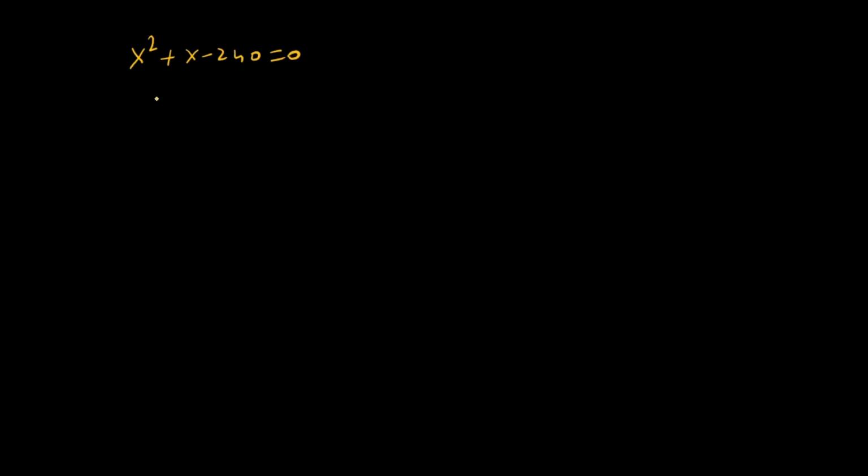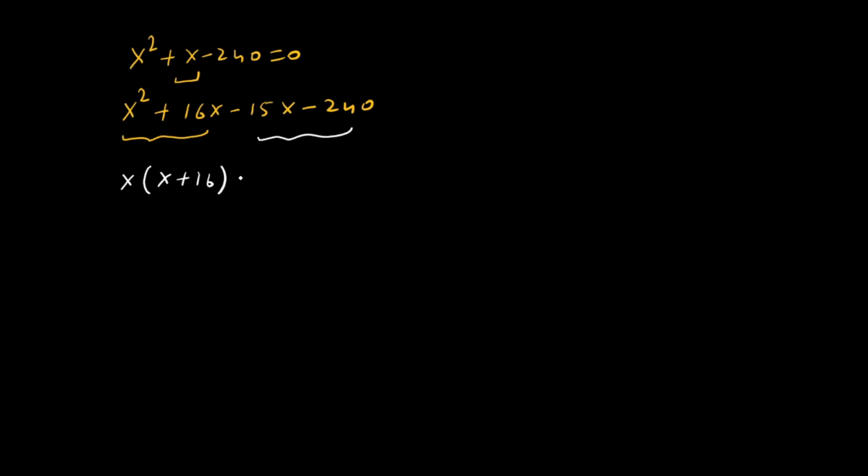Here we will apply the middle term split. x² plus x is the same as x² plus 16x minus 15x minus 240. Look carefully at these two terms. Taking x common, we get x(x plus 16), and taking minus 15 common, we get minus 15(x plus 16), and this equals 0.